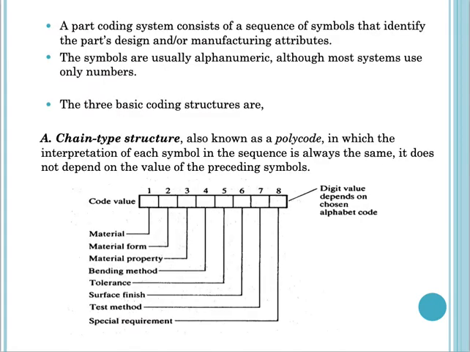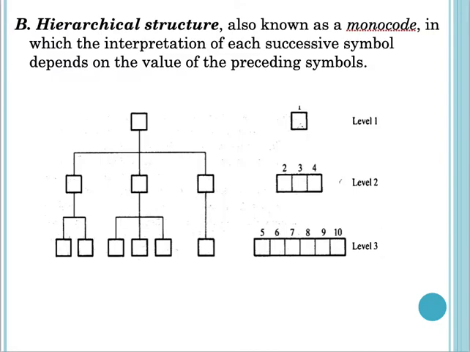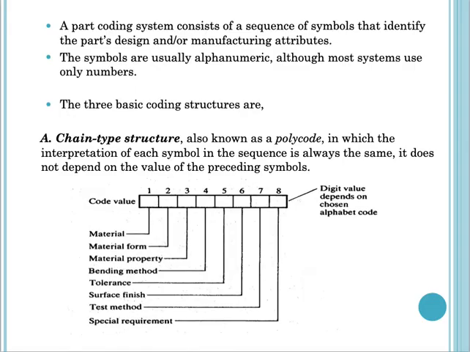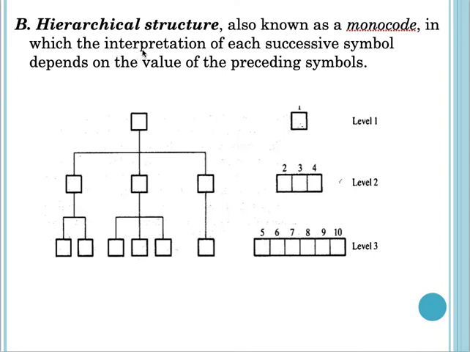Talking about coding systems, there are three basic coding structures. First is the chain type structure, also called polycode. And we have also discussed hierarchical structures, also called monocode.